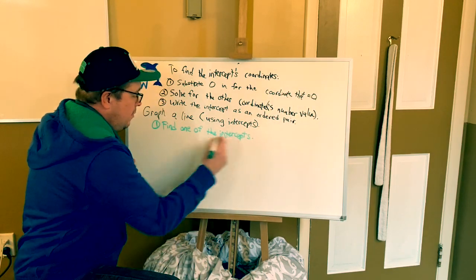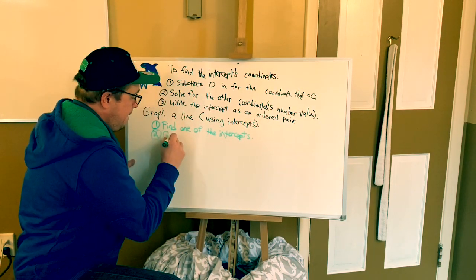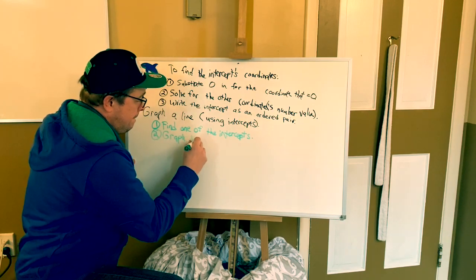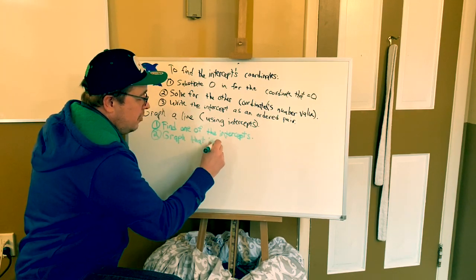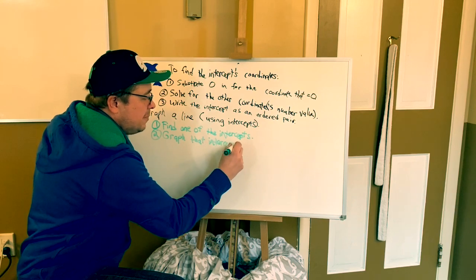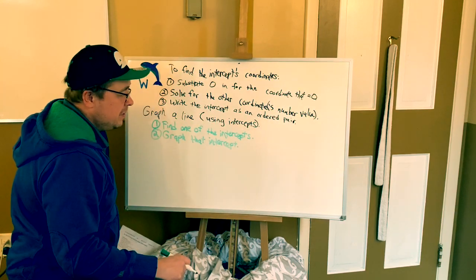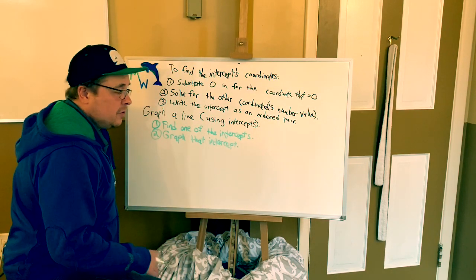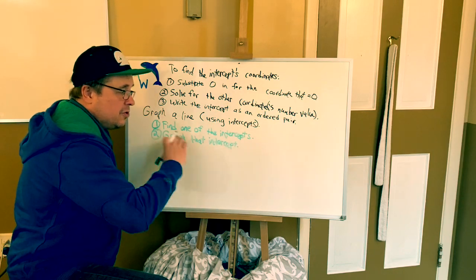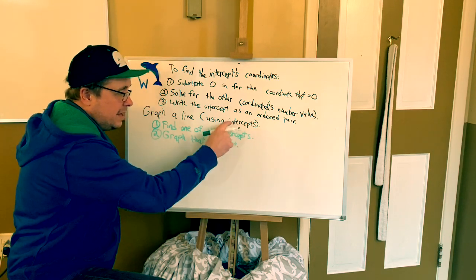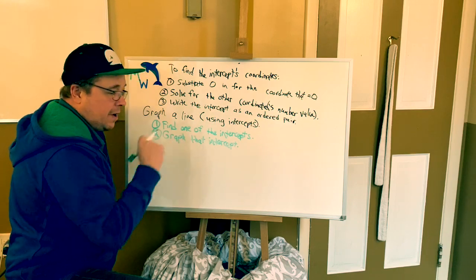And then you're going to graph that one. So you don't say, oh, I just found one. That was so easy. Let me go find the other. Yeah, we do need to find the other one. But you don't find one and rapidly go find the other one. You go from creating the intercept, turning it into a point, because that's what you're going to find is it's an ordered pair, and you graph that point.